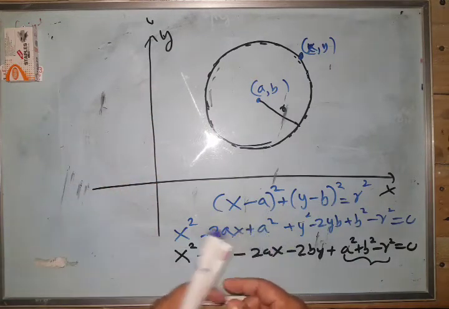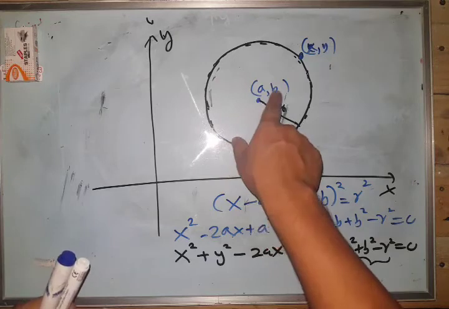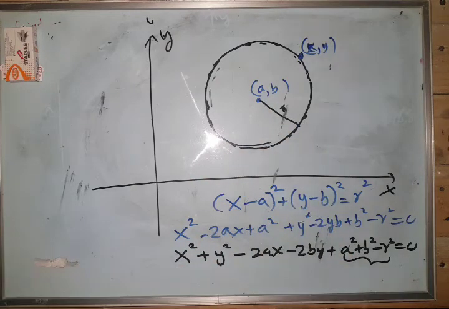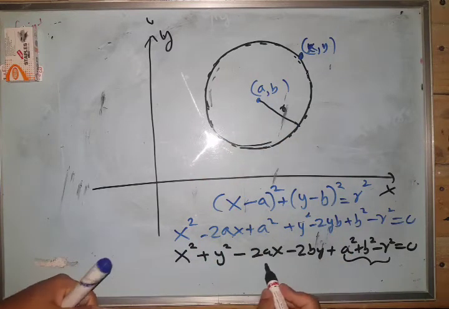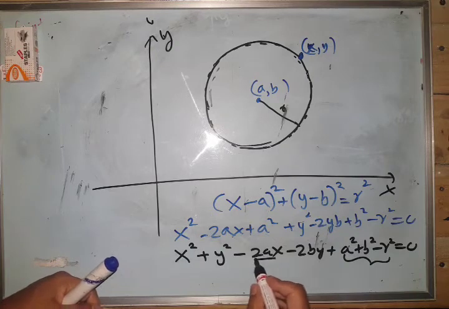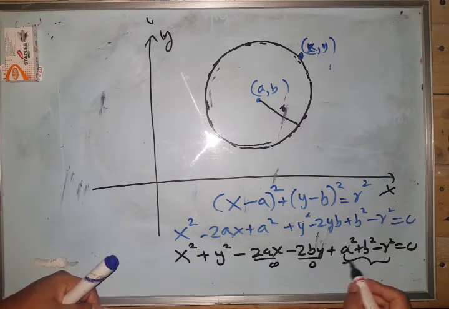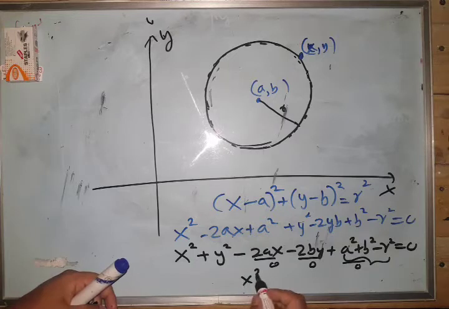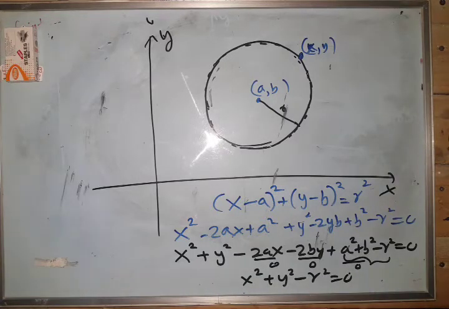If the center is at the origin, a comma b should be equal to 0. In that case you would get this equal to 0, this equal to 0, this part equal to 0. Finally you get x squared plus y squared minus r squared equal to 0. See how easy it is.